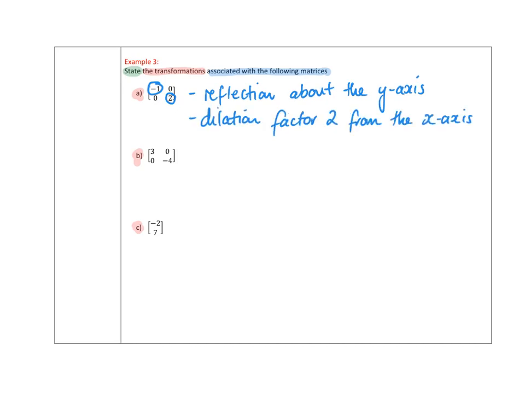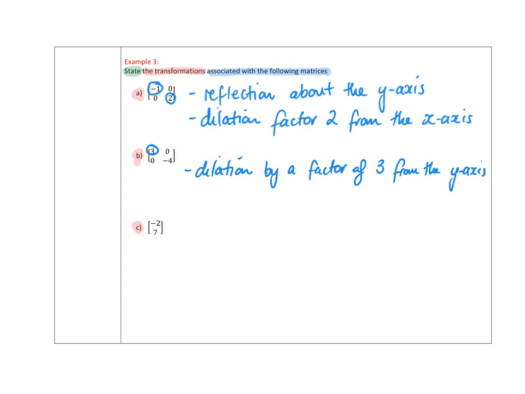Looking at part B, similarly, we can see that there's a number 3 up in the top left-hand corner. So if we're multiplying all the x values by 3, that would be a dilation by a factor of 3. Changing all the x values means it must be happening from the y-axis.